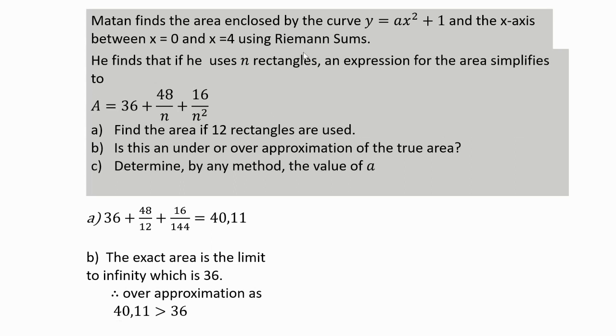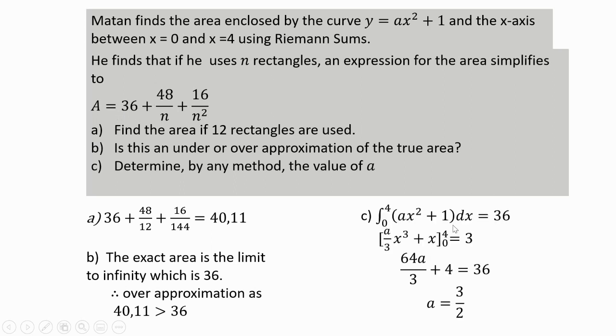Right, then it says determine by any method the value of A. Okay, so we're actually looking for A. It turns out we actually do know the real area now because they've given us this, and the true area is 36. So I can set up my integral between 4 and 0 of the function ax squared plus 1, and I can make it equal to 36.